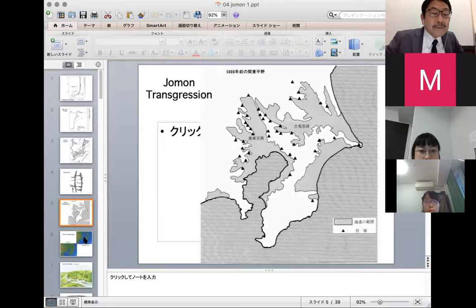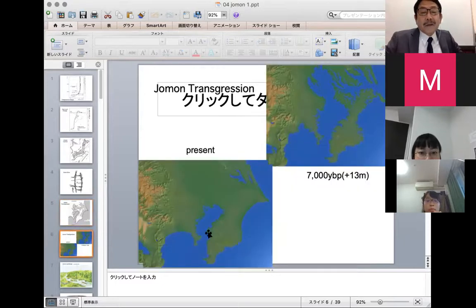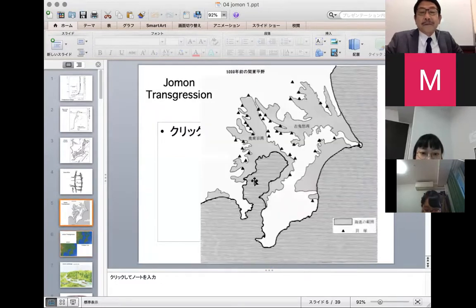This is a better picture with the color. This is the present, and this is 7,000 years ago. And Chiba prefecture was completely an island because of this. And the ocean went all the way up to almost Gunma prefecture, the northern Kanto area. We can tell that because you see these black triangle marks.